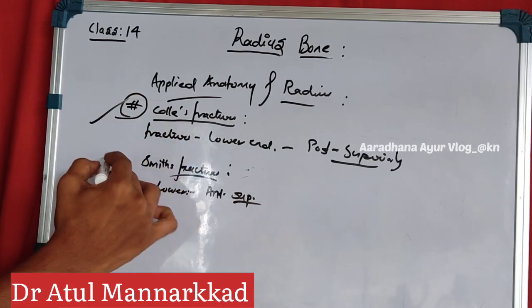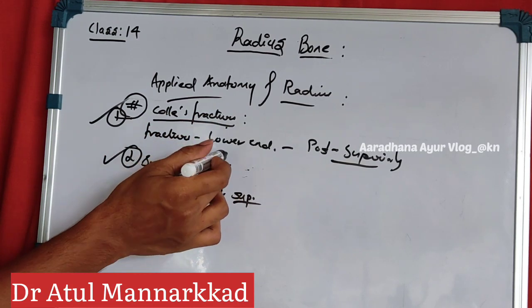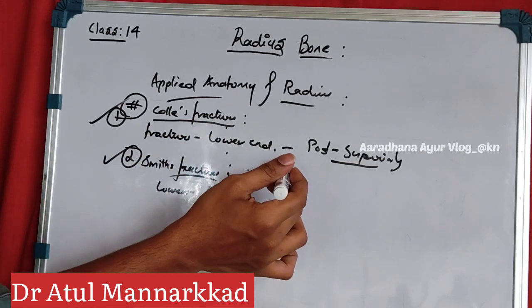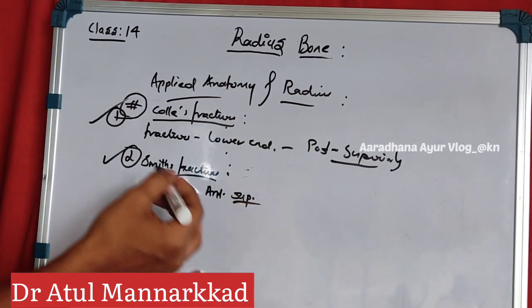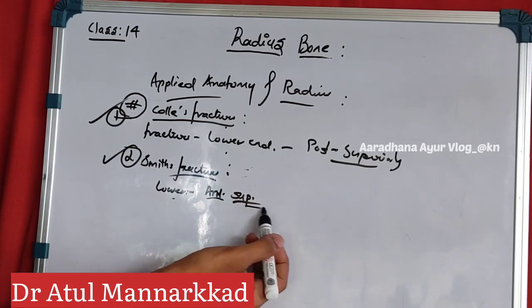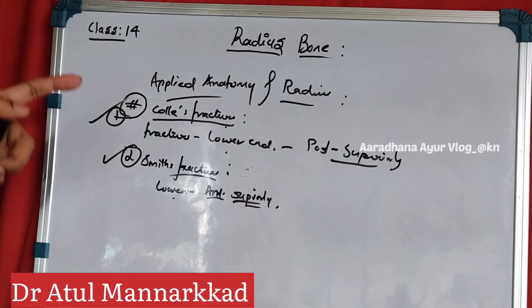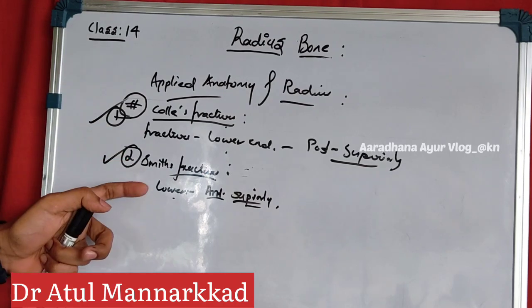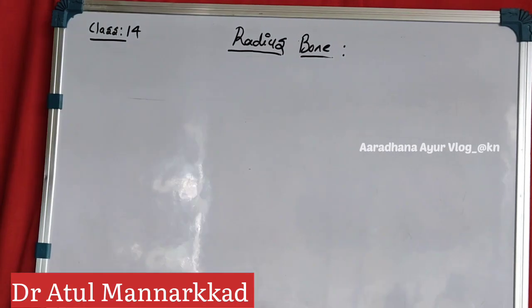So two main fractures occur: the Colles fracture occurs in the lower end of the radius, and the lower fragment goes posterior superiorly. And in Smith's fracture, the lower fragment goes anterior superiorly. So this was for today's class.